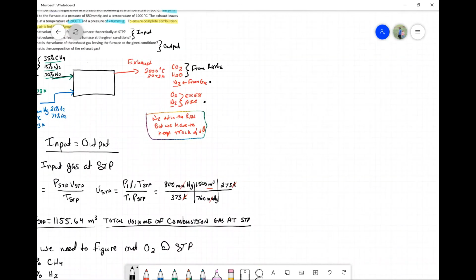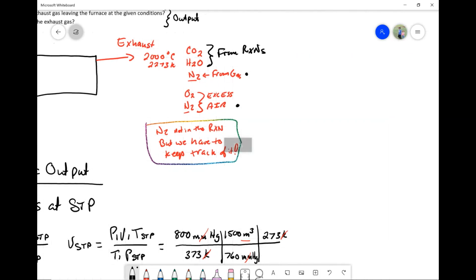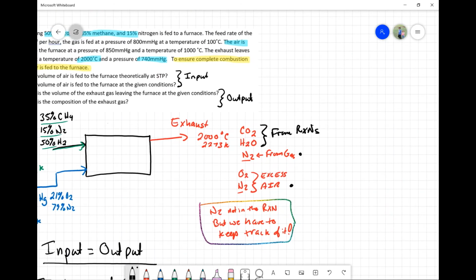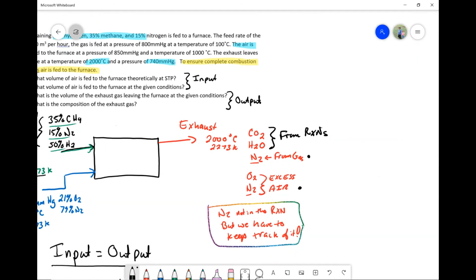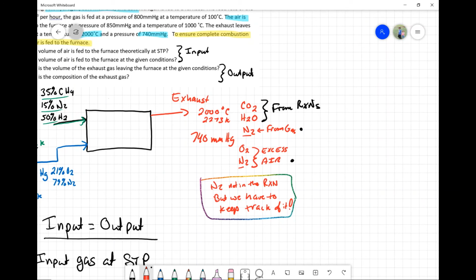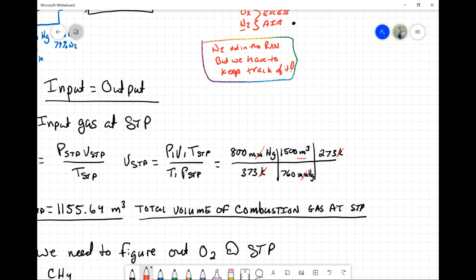We were at 2000 degrees centigrade, and 740 millimeters of mercury. I'd forgotten to write a condition. So we're solving for volume, so we have temperature and pressure, which is good. And so 2000 C, 740 millimeters of mercury.